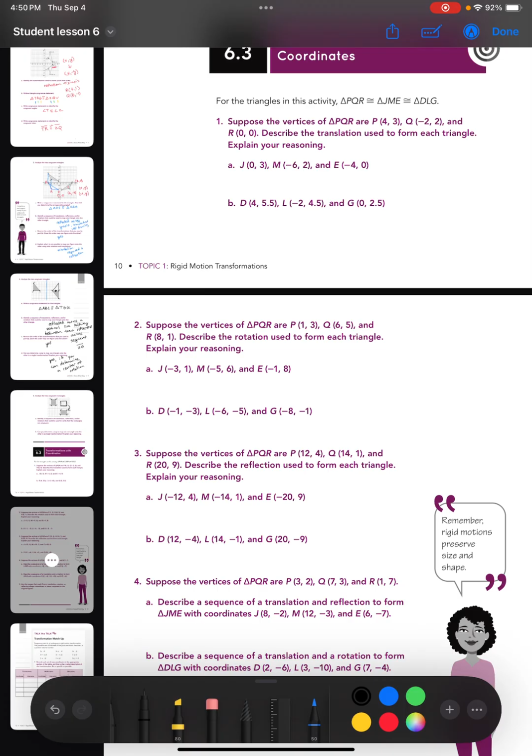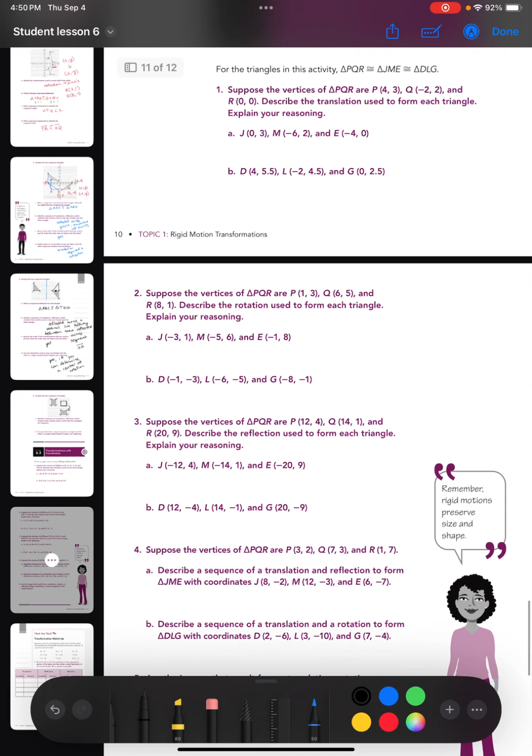I think I've lost my page here. So I lost track of what page I was on. Went from negative 2, 2 to negative 6, 2. And point E went from 0, 0 to negative 4, 0. So if you look at all those X's, all the Y's have stayed the same.